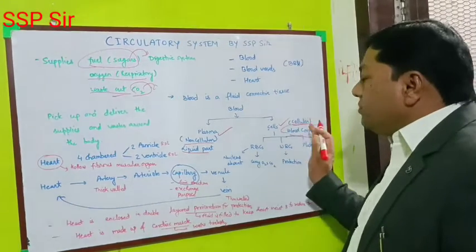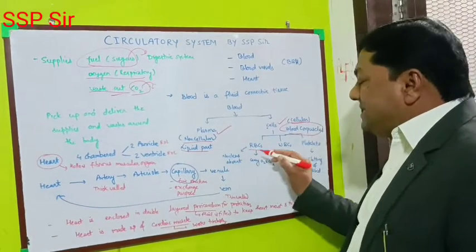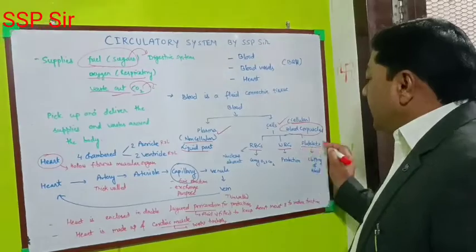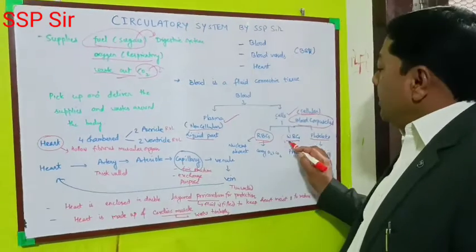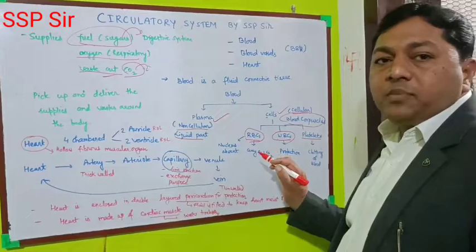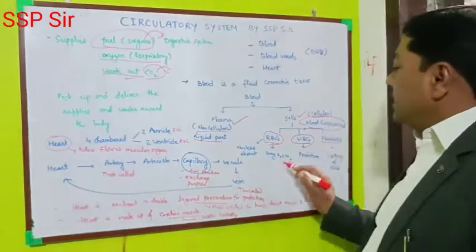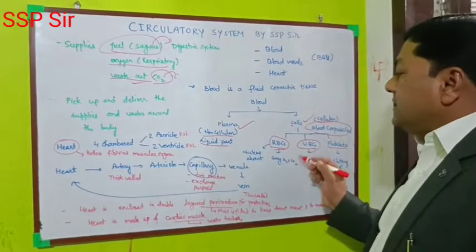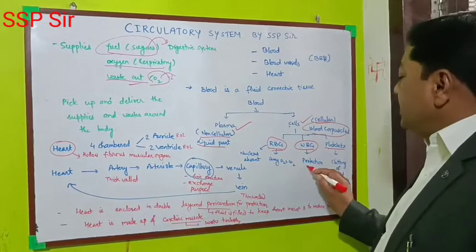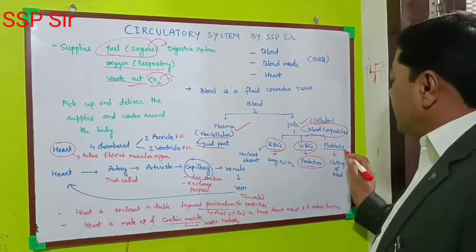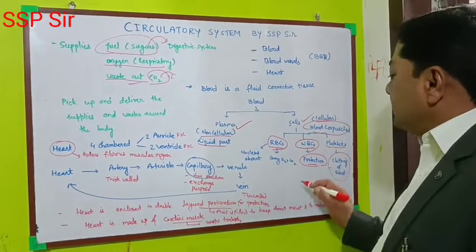The cellular part contains RBC, WBC, and platelets. RBC stands for red blood corpuscles, WBC stands for white blood corpuscles, and platelets. RBC carry oxygen and carbon dioxide, and in mature RBC, the nucleus is absent. WBC's work is protection. Platelets clot the blood.